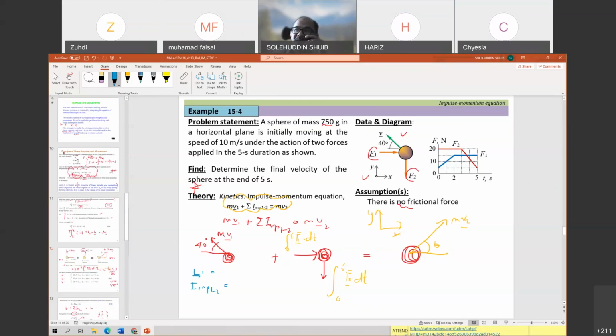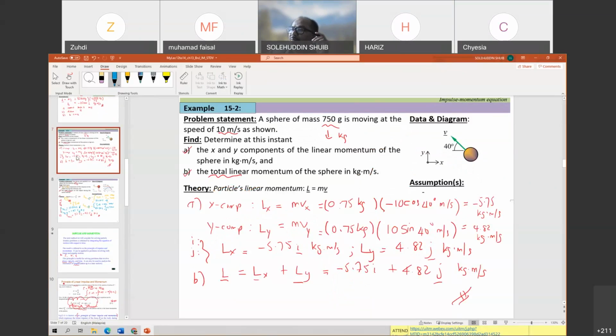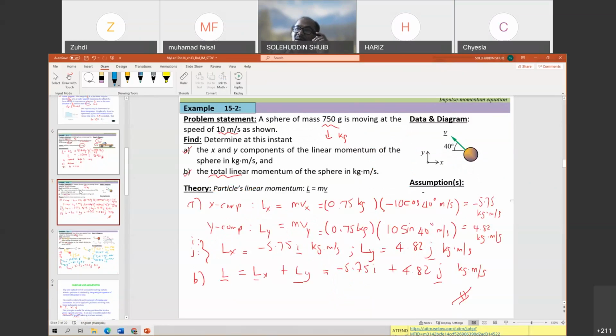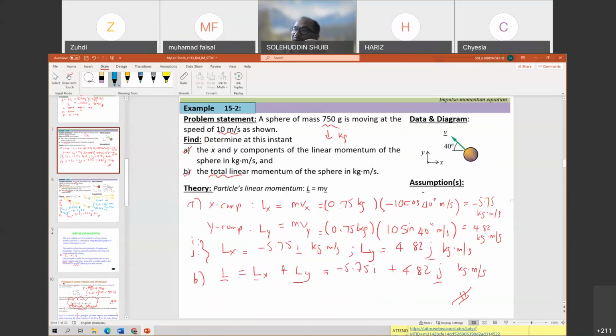This is from the previous example. L1 is minus 5.75 i plus 4.82 j.